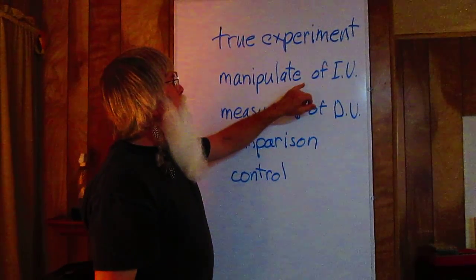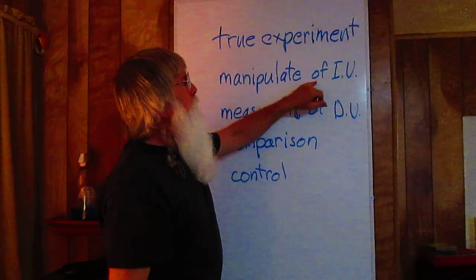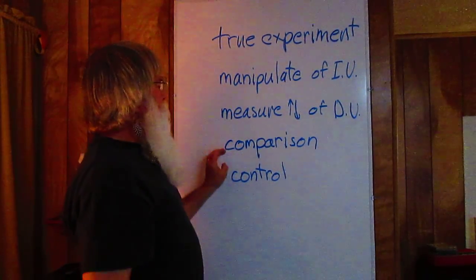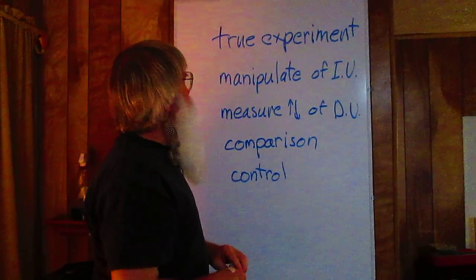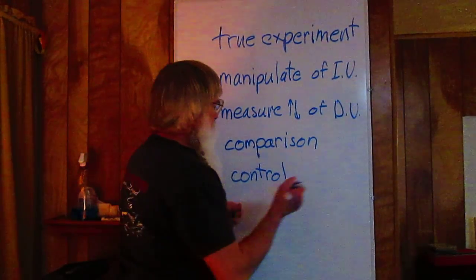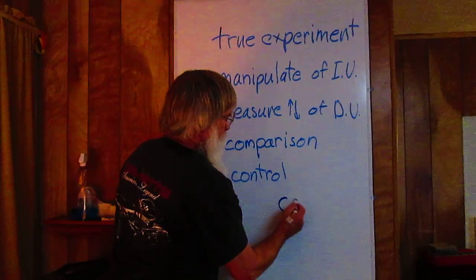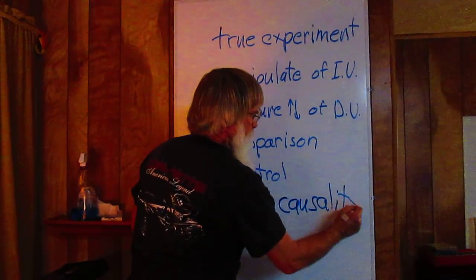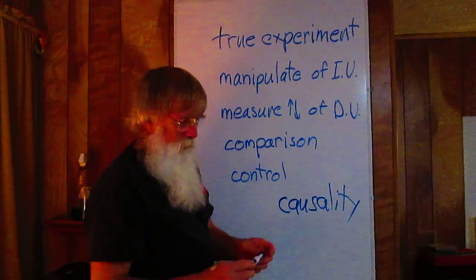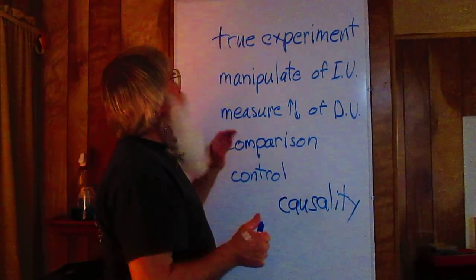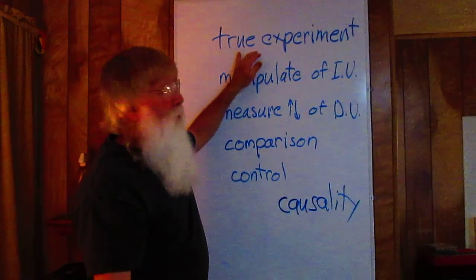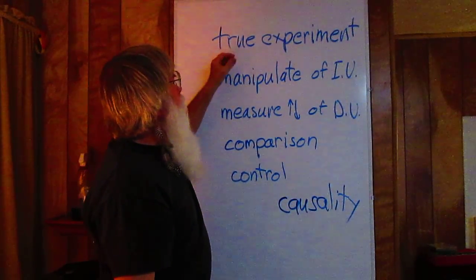In other words, we want to isolate the independent variable as much as possible. All four of these things are present in a true experiment, and a true experiment is necessary for demonstrating causality, cause and effect.